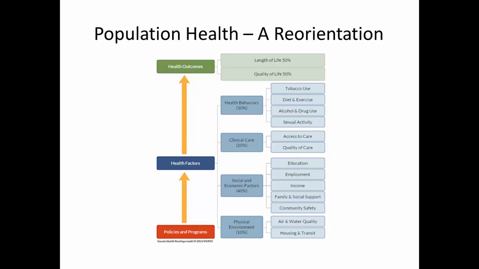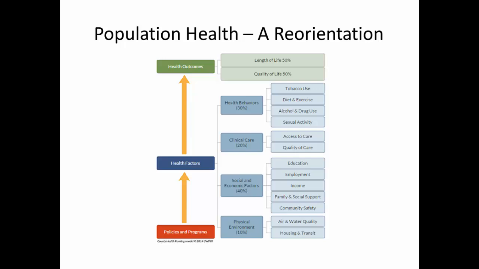One thing that population health does is it helps reorient ourselves as providers of care. There's, I will admit, a lot of controversy about these concepts right now, but this comes from the County Health Rankings organization that is, I guess, more well known for providing specific county health ranking data for each county in the nation.